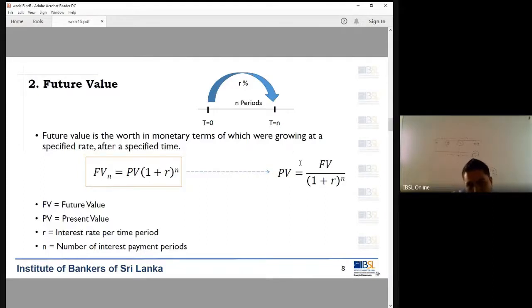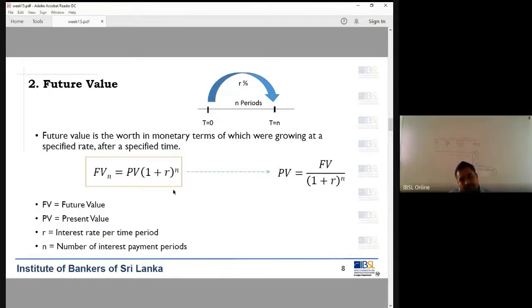So the future value equation is going to suggest that for any given present value, if you multiply that by 1 plus the interest rate, raised to the number of time periods, easily you can get the future value at any time period. The previous example that we discussed a moment ago had a present value, or starting value, of 100.